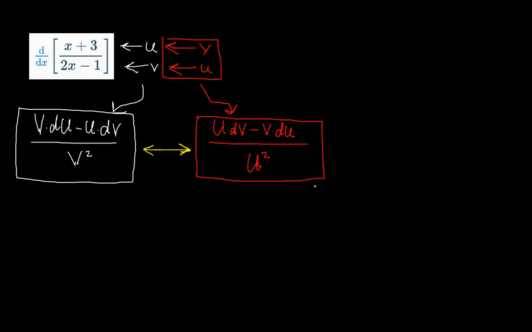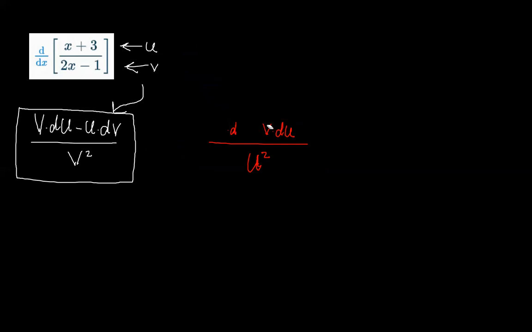It's up to you. But again, be very, very careful, because in terms of signs and letters, they are not exactly the same. Since I'm the one solving the problem, I'm just going to use this formula. I'm not going to use this one.